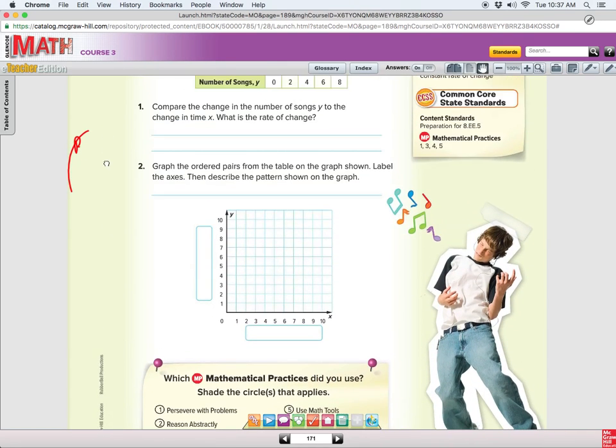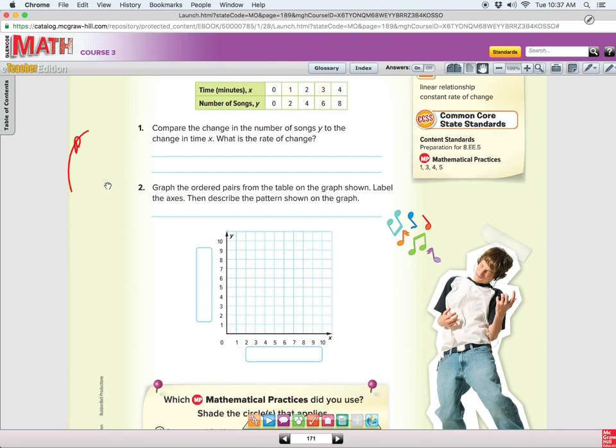And hopefully this is also a review that ordered pairs look like this. X comma Y. So we know X comes first, Y comes second. So the first ordered pair that I'm going to use comes from right here. And I can write it as 0, 0. And that one is super special. We call it the origin. Maybe we should label our axes first.